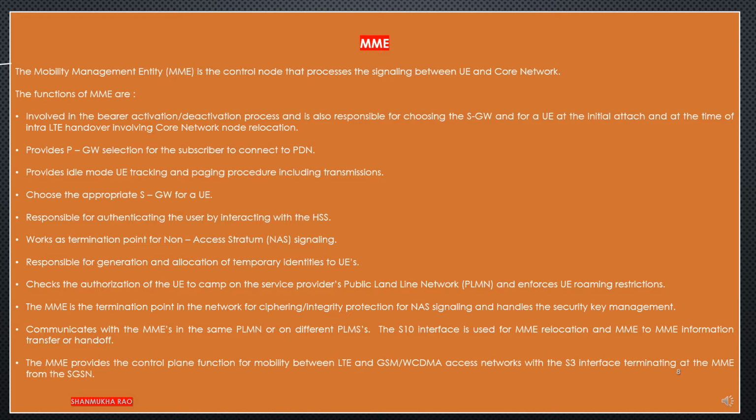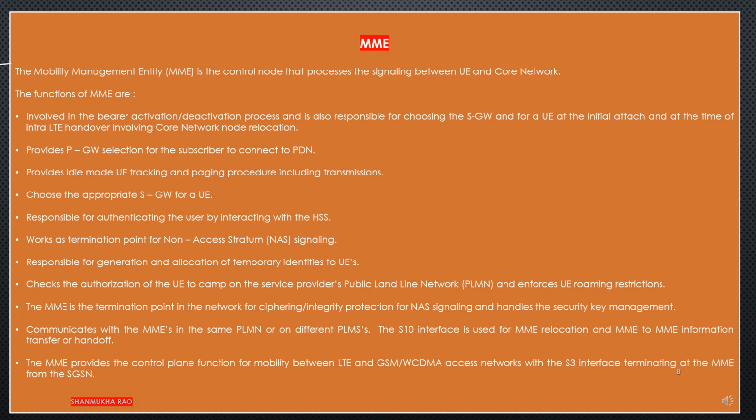Secondly, MME provides packet data network gateway selection for the subscriber to connect to PDN. Thirdly, MME provides idle mode user equipment tracking and paging procedure including retransmissions. Fourth, MME chooses the appropriate serving gateway for user equipment.